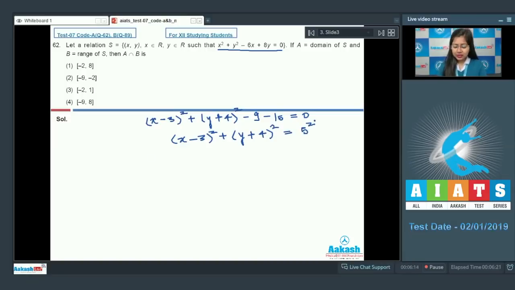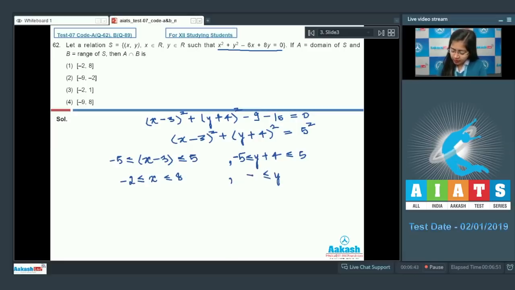So from here we can say that x minus 3 will go from minus 5 to 5. Also y plus 4 will also go from minus 5 to 5, because (y plus 4) whole square is less than or equal to 25, right? Hence, from here we can say that x will go from -2 to 8, and from here we can say that y will go from -9 to 1.